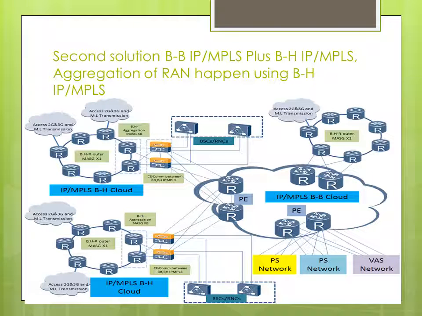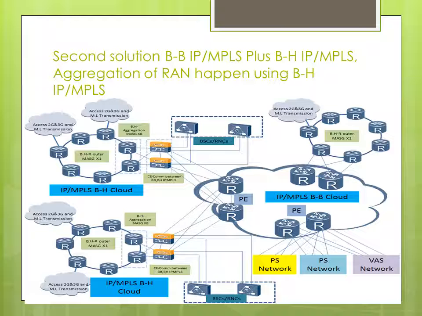As shown in this slide, we expanded IP MPLS, and instead of just one cloud, called the IP MPLS backbone, we expanded it toward our mobile network, as we made those rings called IP MPLS backhaul clouds.